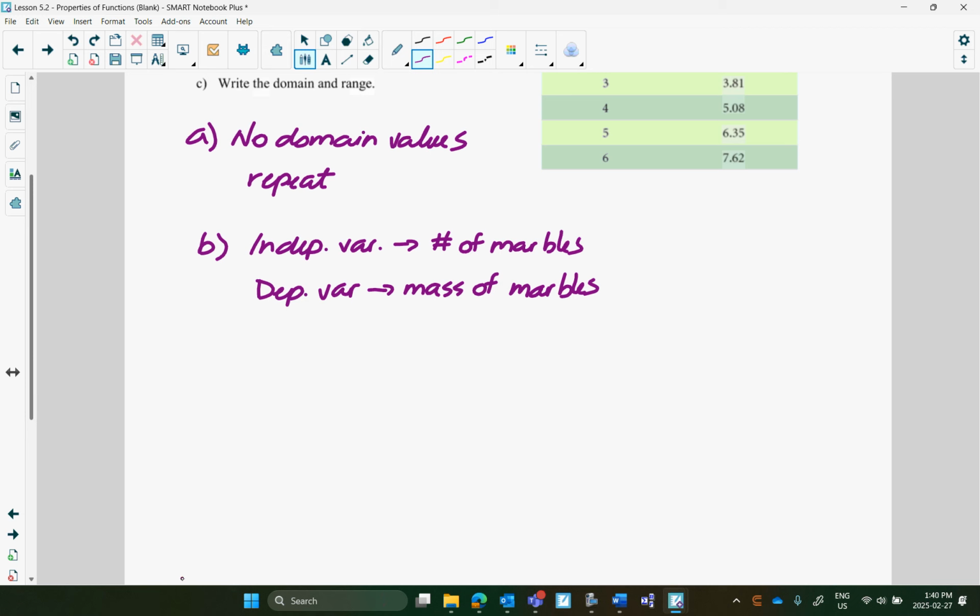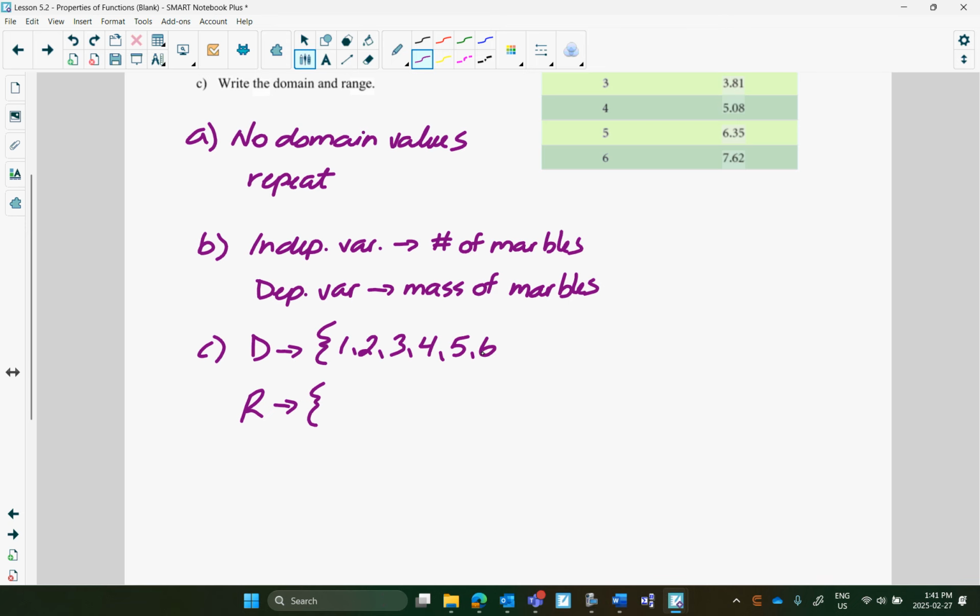Okay. Domain and range, you're listing all the elements in each. In this case, they're all values. So what would the domain of this relation be? 1 through 6.